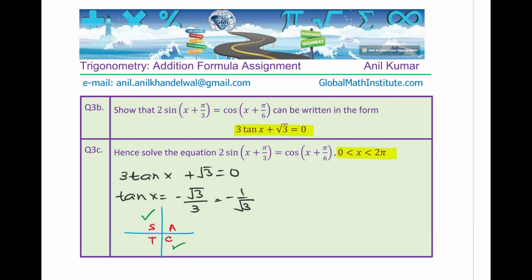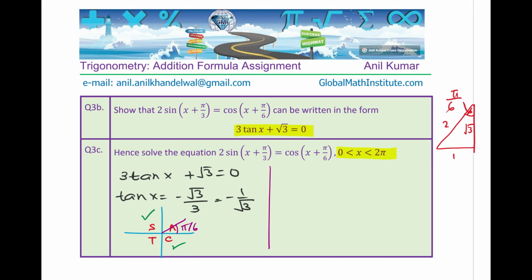So tan is negative. And from our special triangles, we know the value of tan, which will be 1 over square root 3. So 1, 2, square root 3. So 1 over square root 3 is for this angle, which is pi by 6, the opposite side being 1. So we know that the related acute angle in this case is pi by 6, right?